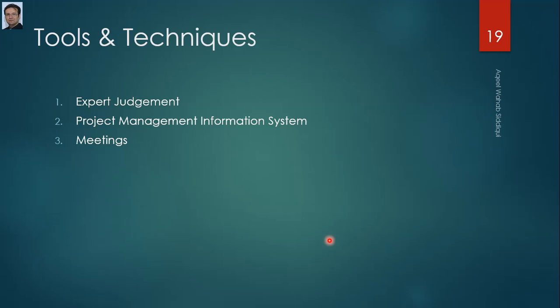The types of meetings include kick-off meetings, technical, sprint or iteration planning, scrum, daily stand-up or steering groups, problem solving, progress update, and different other meetings as well. I've uploaded a separate video on meetings, so you can watch that video as well.